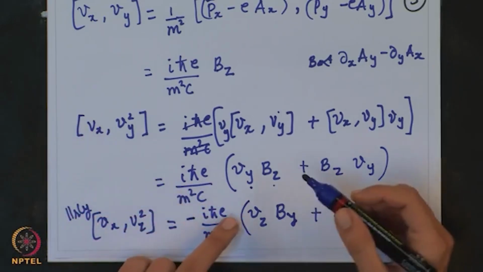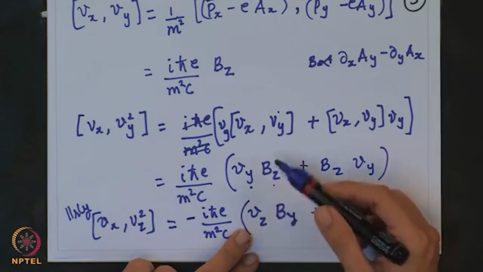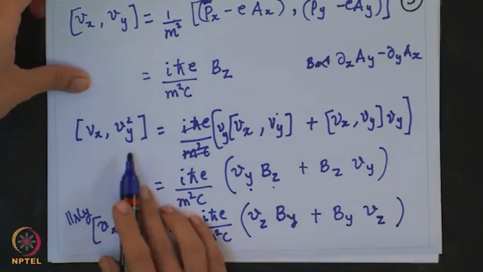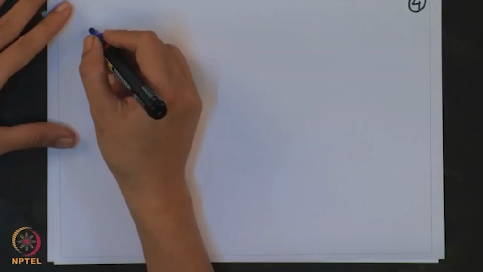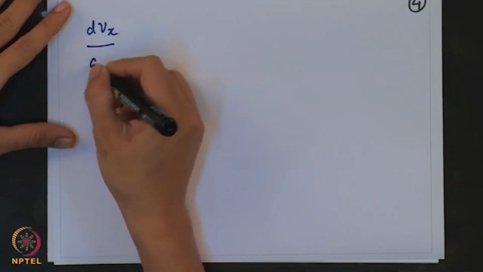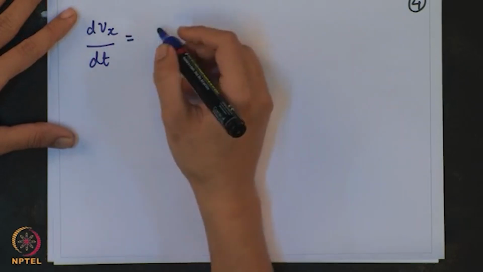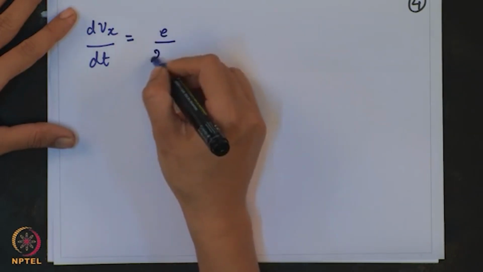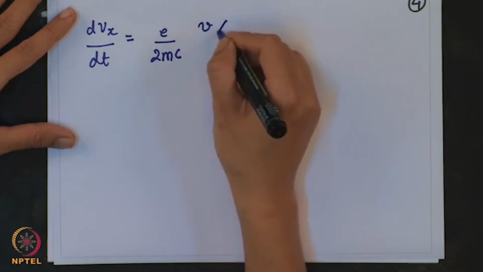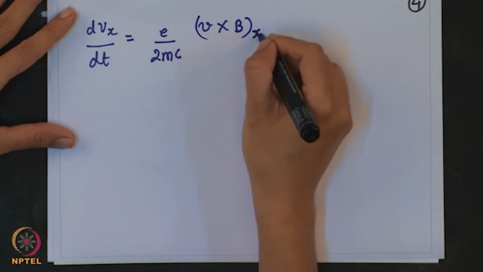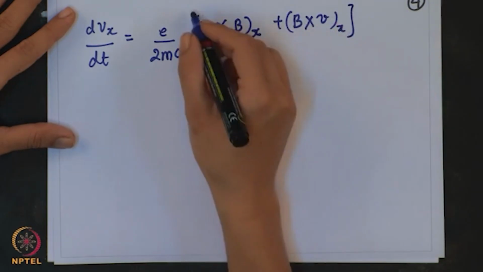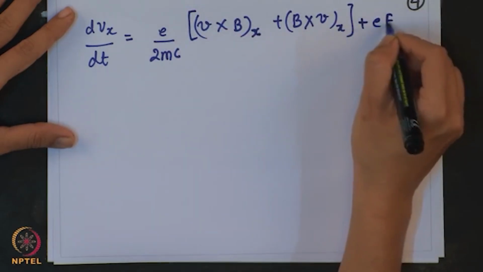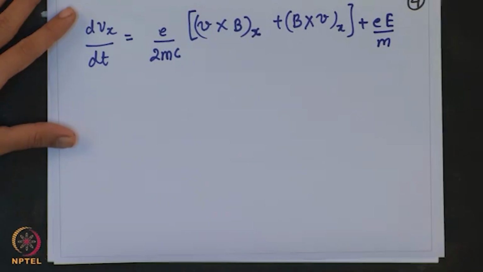So, now going further, you have to add these two to get [V_x, V squared], okay. When you do this addition, you will simply obtain dV_x by dt, which is nothing but e by 2mc (V cross B) x component plus (B cross V) x component plus e by m, okay.